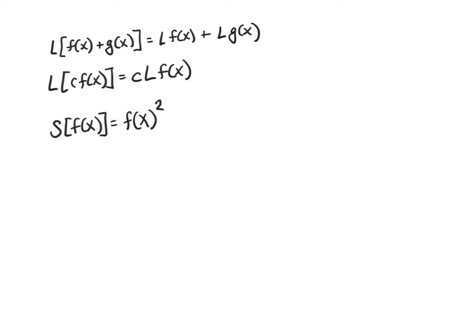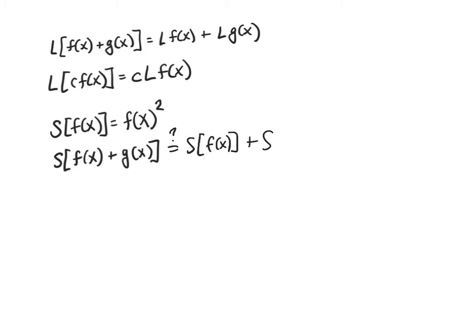So now let's look at how this holds up with the first rule. If we apply this square operation to f of x plus g of x, is this equal to our square operator applied to f of x plus our square operator applied to g of x? I think you can probably see already that it's not. On the left-hand side, this gives us f of x plus g of x quantity squared.